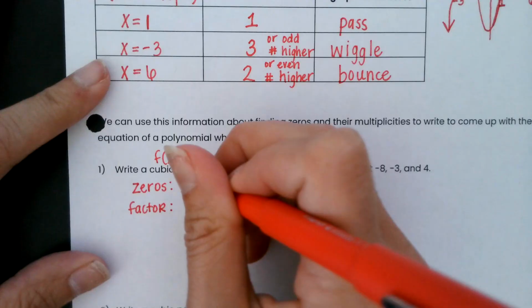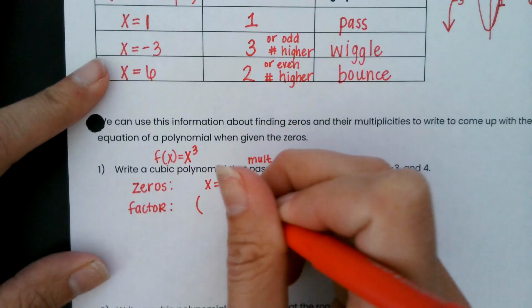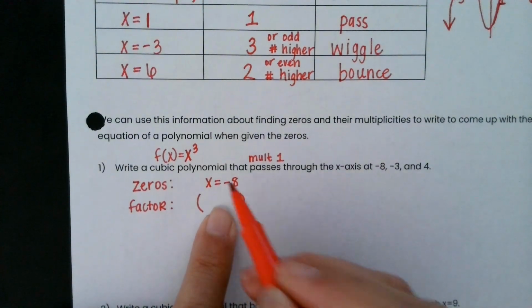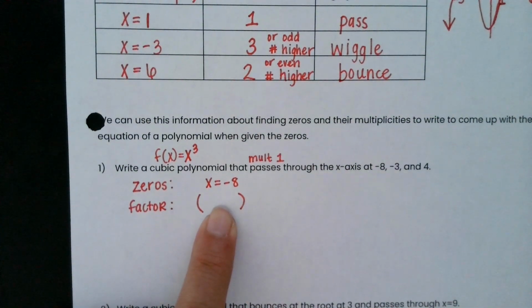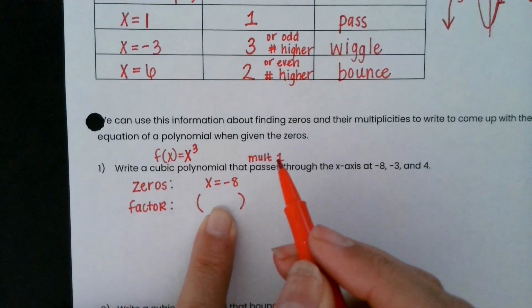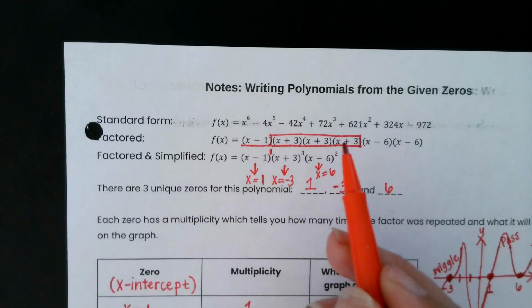So if our 0 was x equals -8, what did the factor look like that we pulled that from? We're doing this backwards a little. -8 to the 3rd? We don't need a 3rd. The multiplicity is just 1. Remember, your factors all look like something like this with an x at the front.